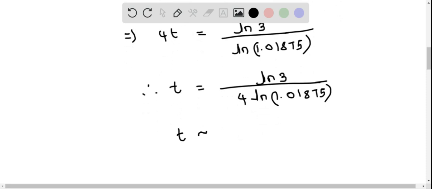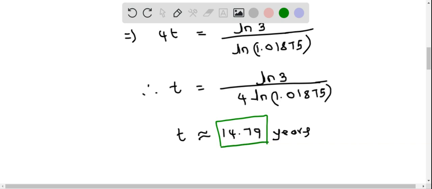When we do that, we approximately get the t value as 14.79, approximated to 2 decimal places, and this is in years. And so we can say that it takes 14.79 years for the amount to triple.